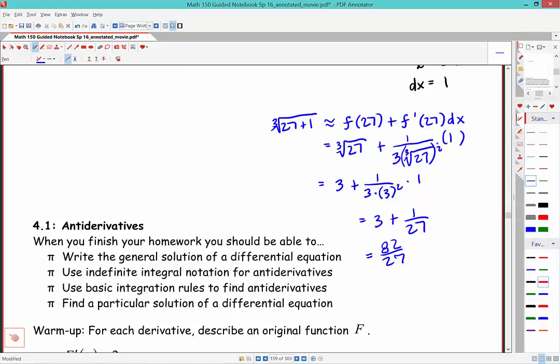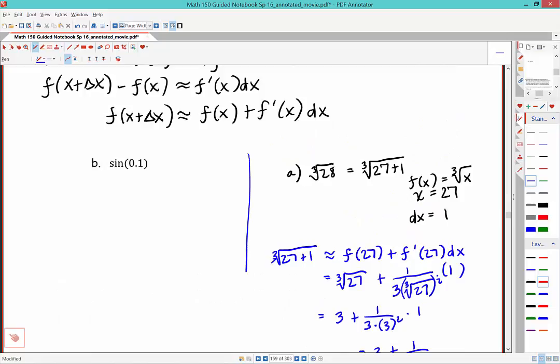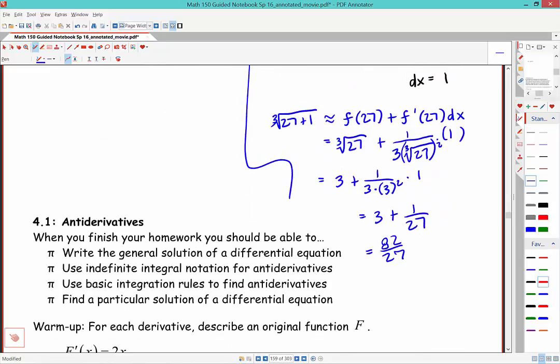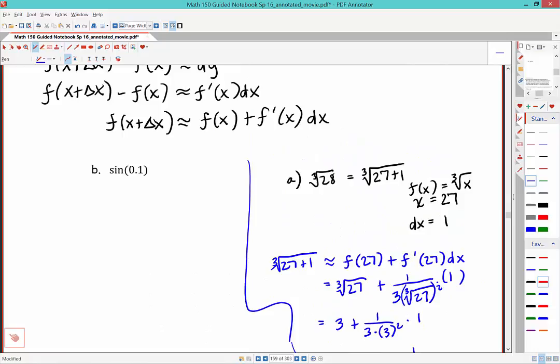All right, so let's try this next one. This next guy is sine at 0.01. So you see, we could say, okay, this is sine at 0 plus 0.1, and that'll be approximately, so what's our function?